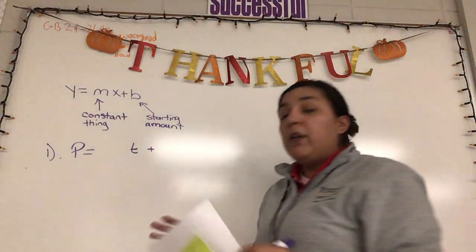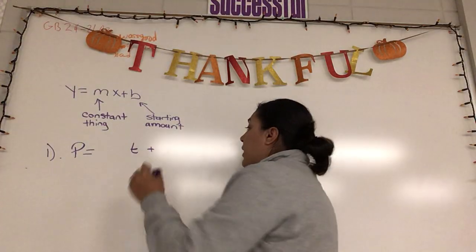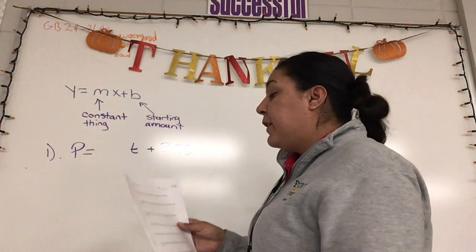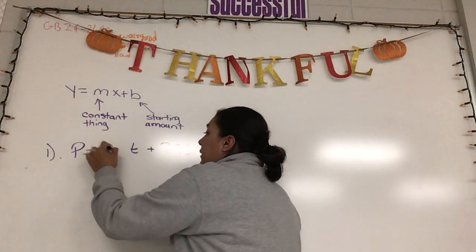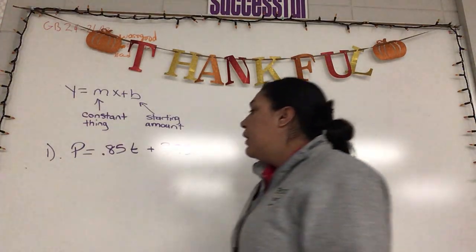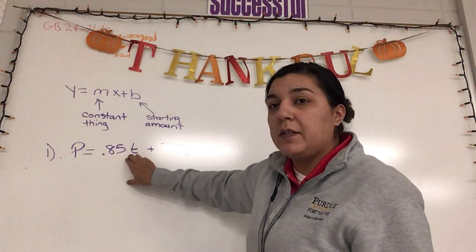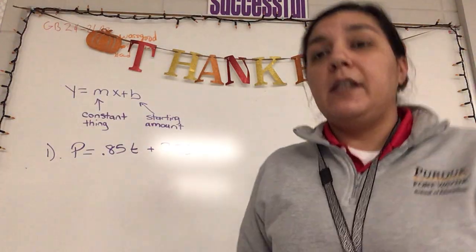No matter what you get on that ice cream, it's going to be $3.95, and then for each topping, it's going to be 85 cents. If I get 0 toppings, 85 times 0 is 0, plus that $3.95.